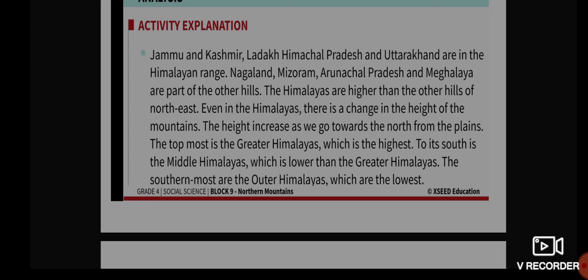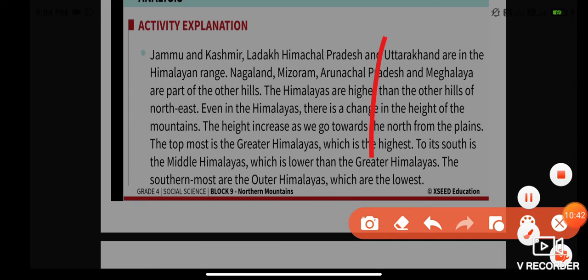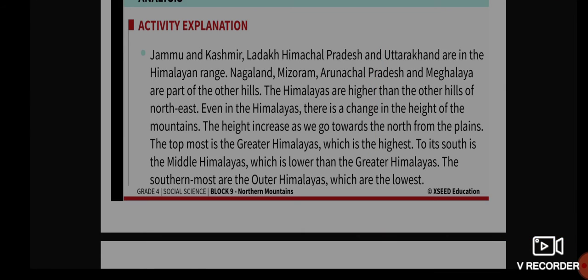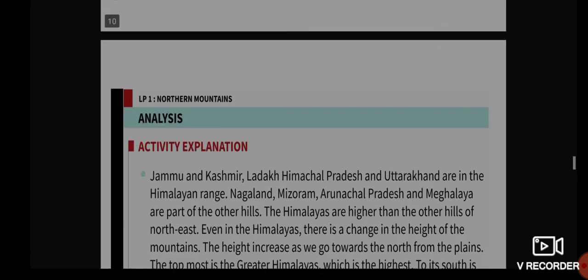To its south is the Middle Himalayas, which is lower than the Greater Himalayas. The southernmost are the Outer Himalayas, which are the lowest. So even among the Himalayas, the topmost are known as the Greater, which are the highest, and to its south they are known as the Middle Himalayas.